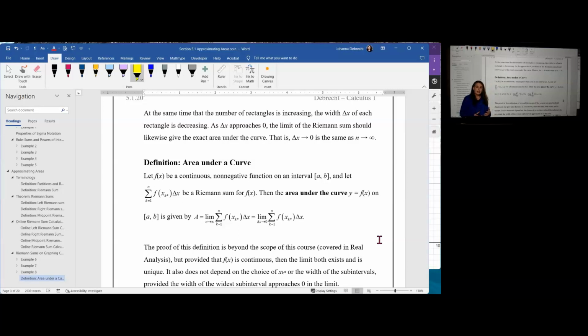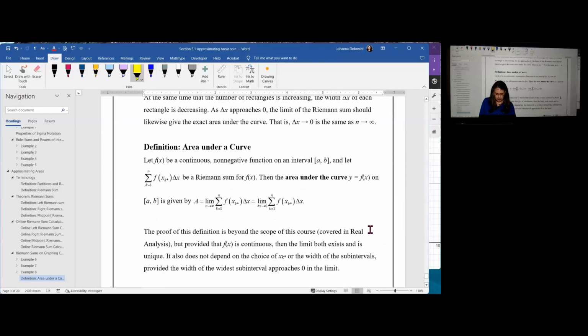In both cases, the delta acts as a constant that could be taken out of the summation. The proof of this is really beyond what we want to do. It's beyond the scope of this course. This is something you get to as a junior mathematics major when you study real analysis.